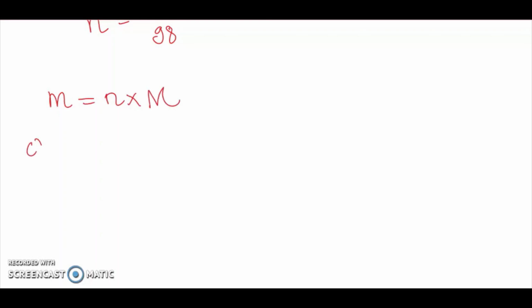So let's begin by looking at the molar mass of copper(II) sulfate. If you calculate it, you would have 160 gram per mole. So we are given the mole in the question, 0.5 mole.